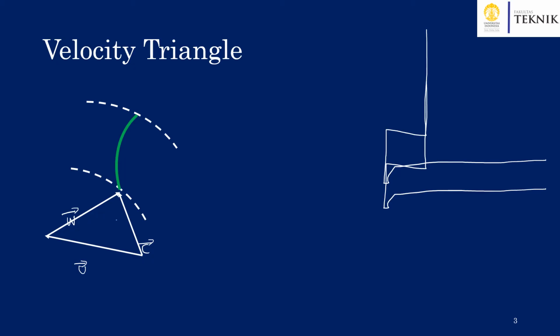If we analyze the triangle itself, we will come up with two different types of angles. The first one is called alpha. Alpha is the absolute angle, and it is between the blade velocity and the absolute velocity.